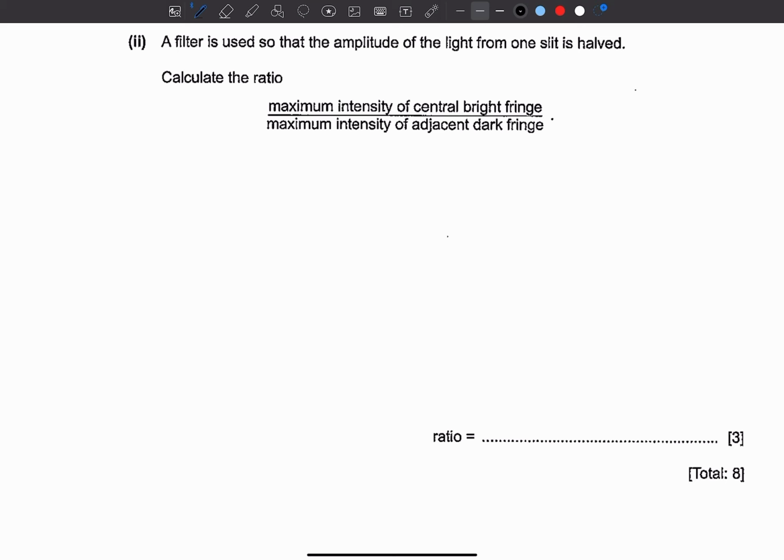For maximum amplitude, it will be the amplitude from one light source plus the amplitude from the other, which will give us 1.5a. Then the amplitude minimum will be this. So one is 1.5 amplitude, the other one is 0.5 amplitude.